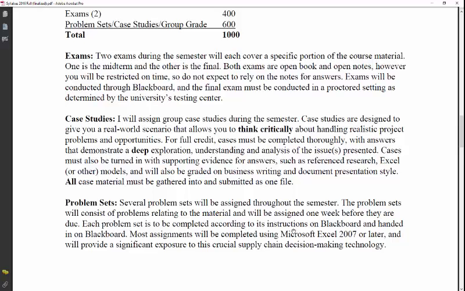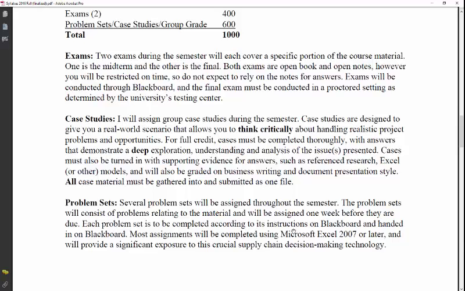Some of the problems require group work, so that's why I will ask you to form groups early in this semester. Again, most of these problem sets will require using Microsoft Excel to set up a model and make the analysis. Once again, the submission of the problem sets is one single file.